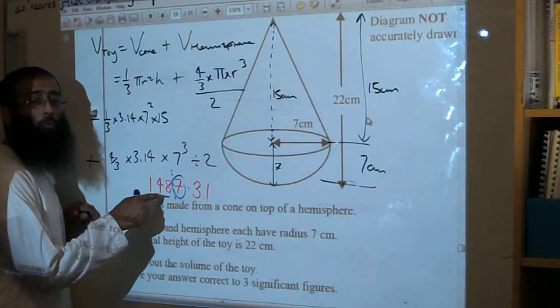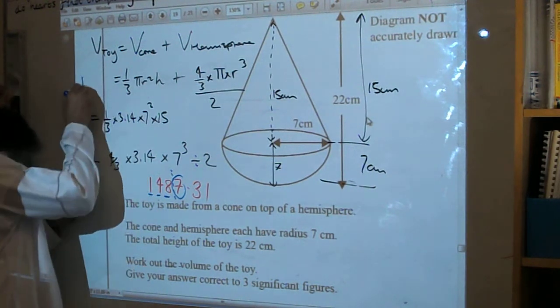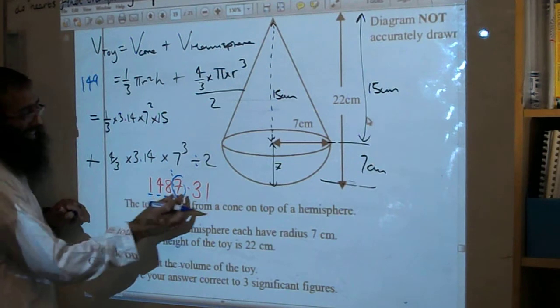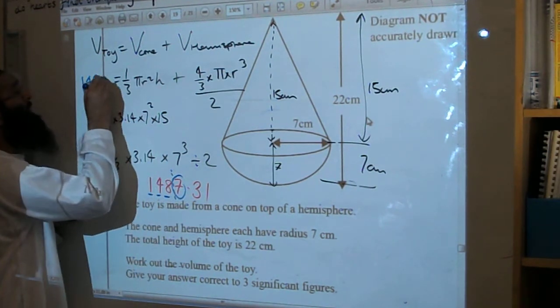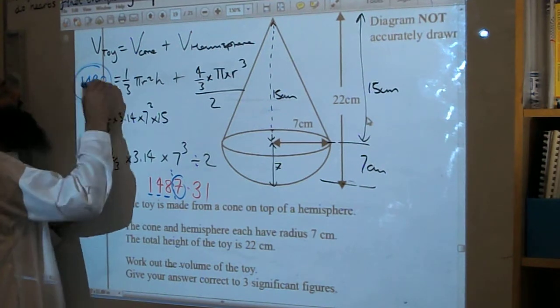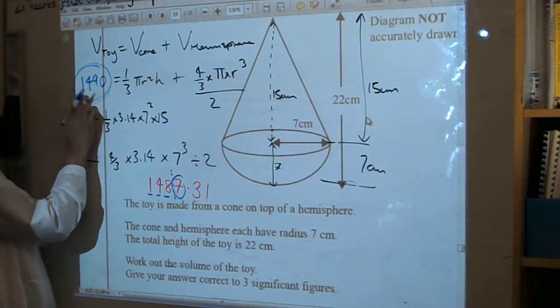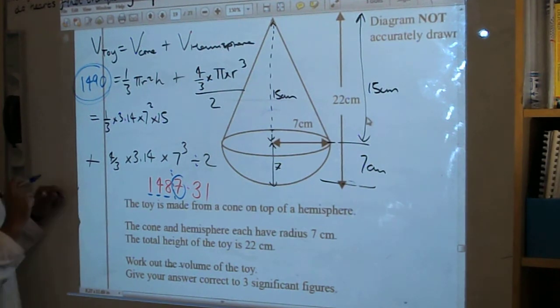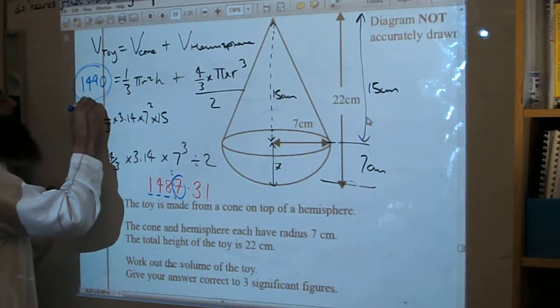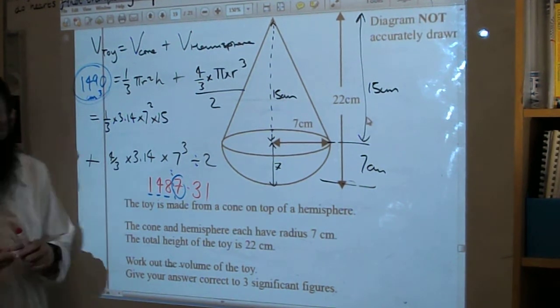So 148 becomes 149, and then we have a gap between the 9 and the decimal point, so that gets filled with a 0. So ignore this part here, that's just my answer there. So 1490 is the volume in centimeters cubed.